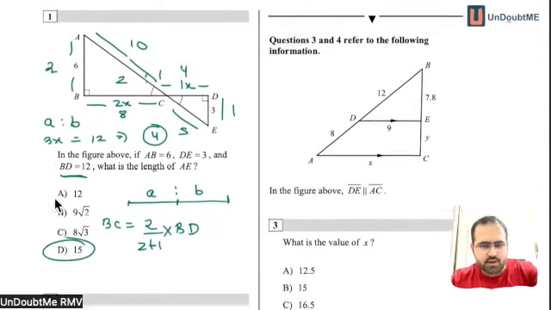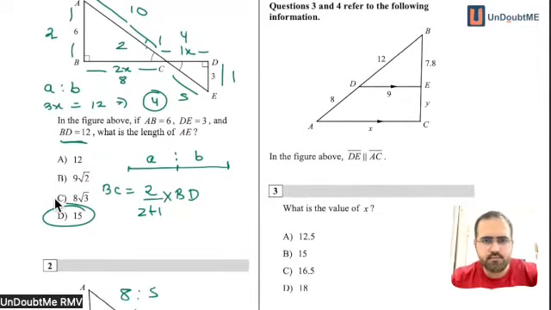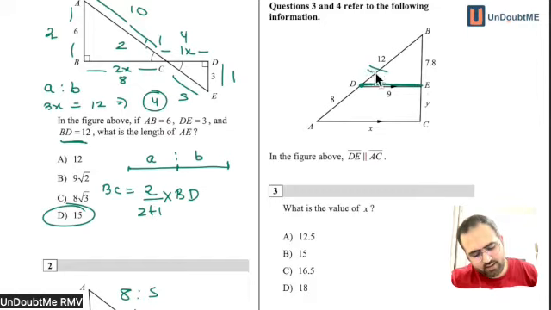Okay, next. If DE is parallel to AC, then there was one theorem called basic proportionality theorem. As per basic proportionality theorem, if there is a line which is parallel to one side of a triangle, it will intersect the two sides in such a way that they are in proportion. So basically, 12 by 8 will be equal to 7.8 over y.